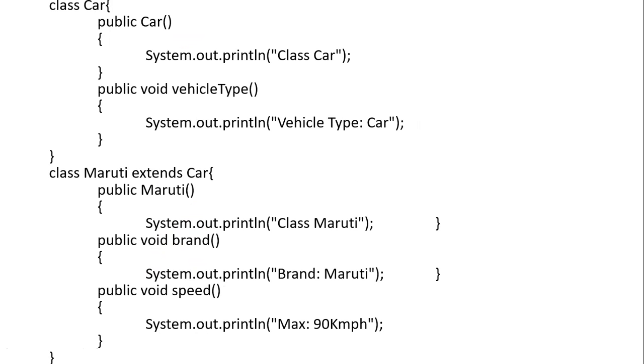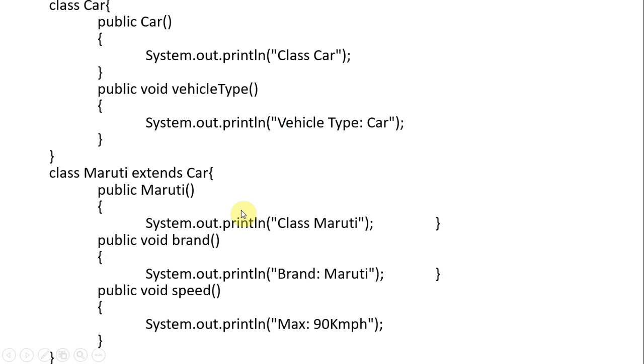So what is multi-level inheritance? How can we represent it in the real world? When we execute, vehicle type defines the vehicle type car.